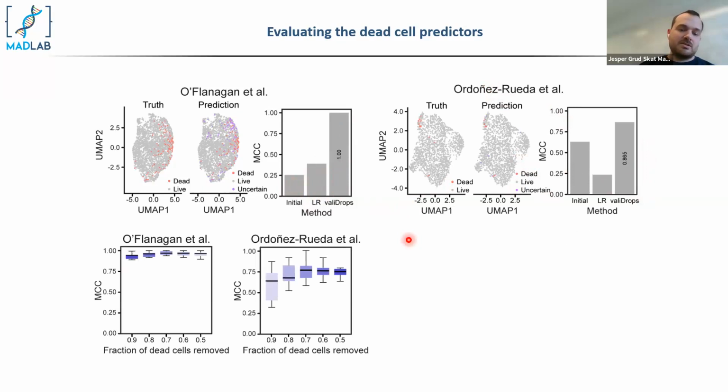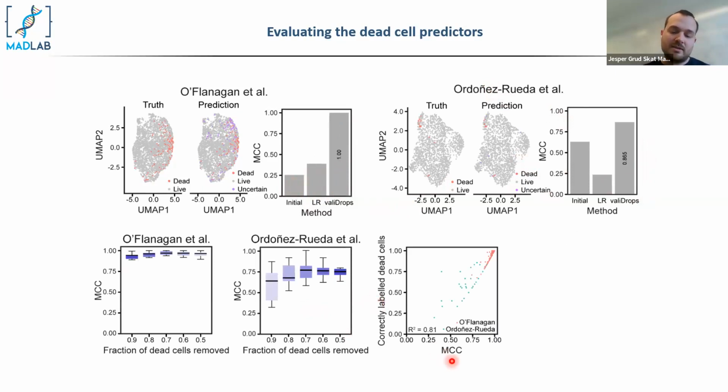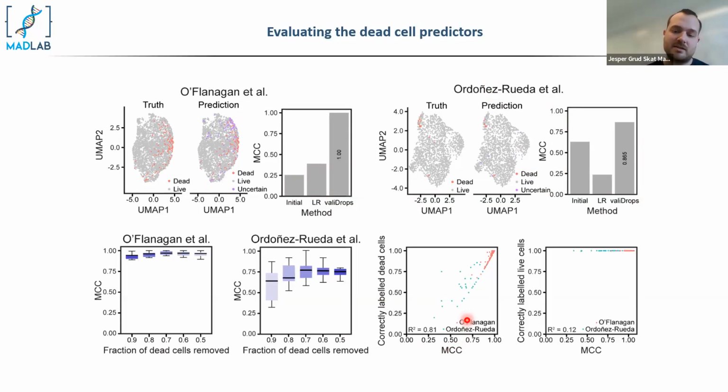Subsampling analysis shows that our method is pretty sensitive. We can find down to approximately 3 dead cells with pretty good confidence. And we also looked at when the MCC is low, which is when we have a low accuracy: is that because we mislabel dead cells, or is it because we mislabel live cells? And what we find is that we only ever mislabel dead cells.